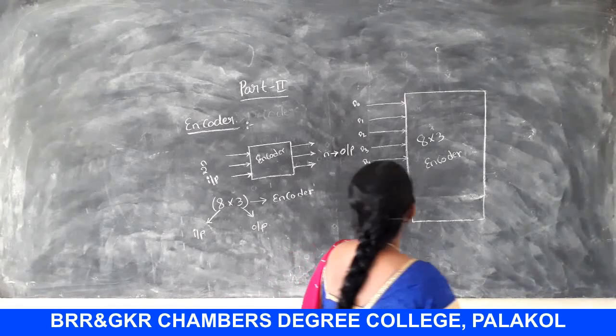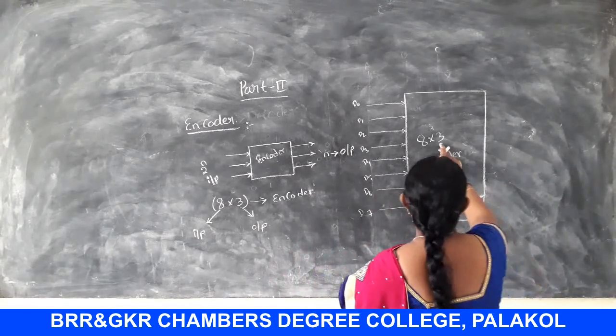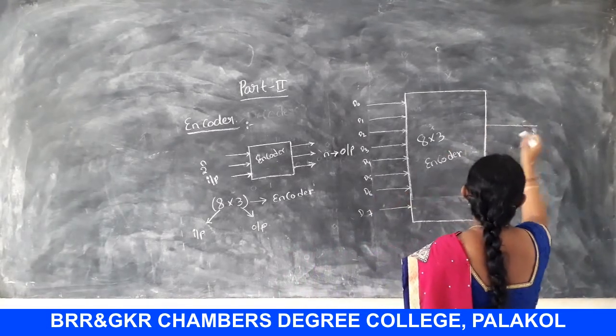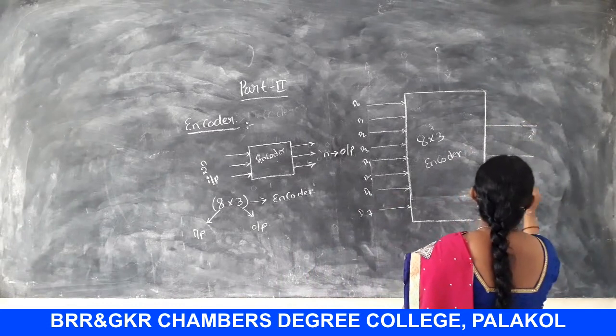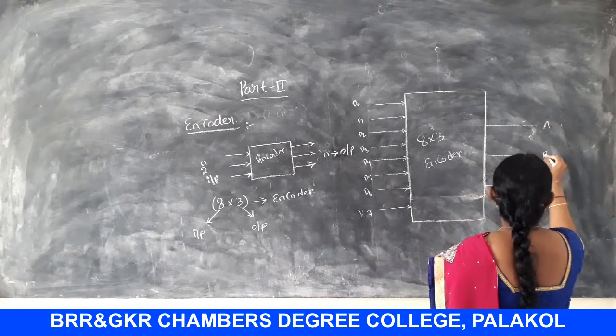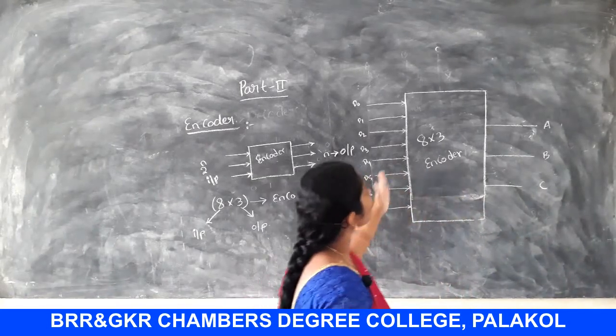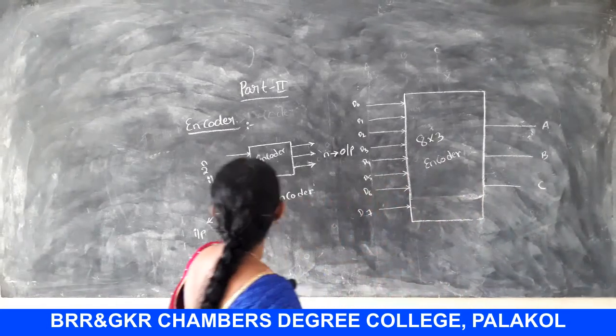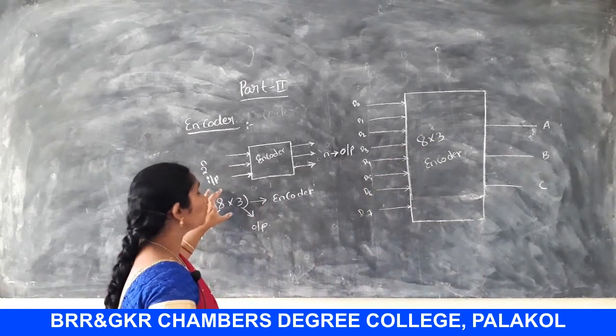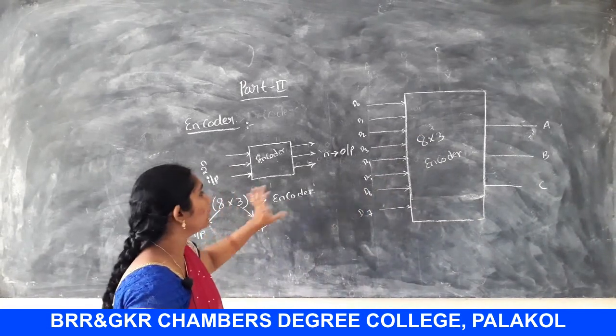It will produce 3 outputs here. Those 3 outputs are A, B, C. Okay. So this is the block diagram of this 8 to 3 encoder.